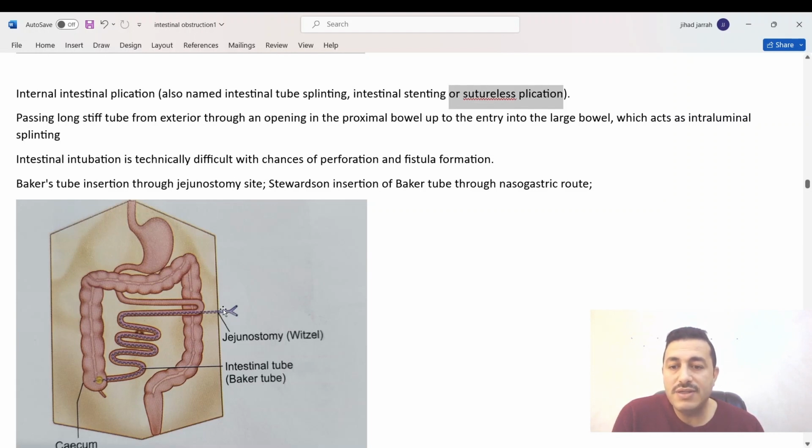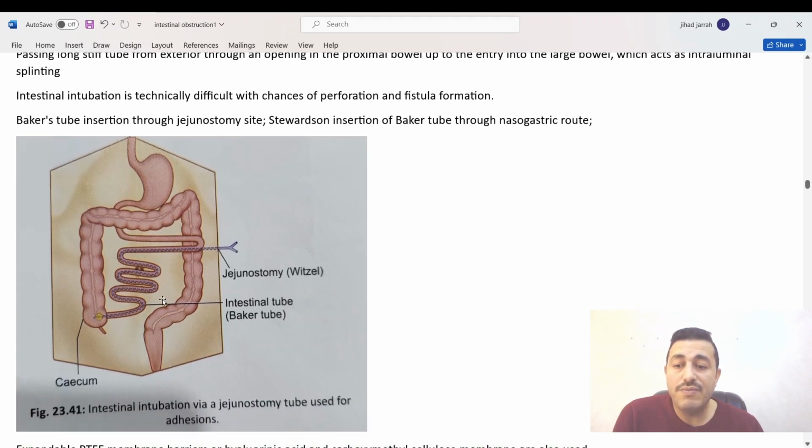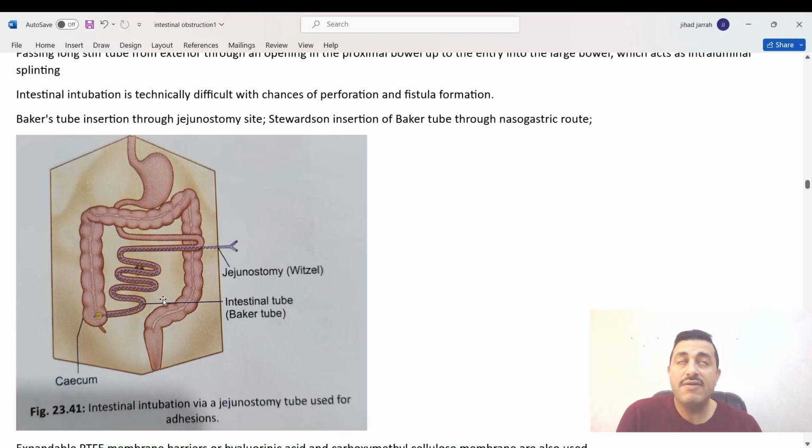You can see here a tube is inserted through an external opening, for example in the jejunum, so it's called Baker tube, or it can be from the stomach down past, and then it will be called Childs-Phillips insertion. You can see this is the internal type of plication for severe recurrent adhesion.